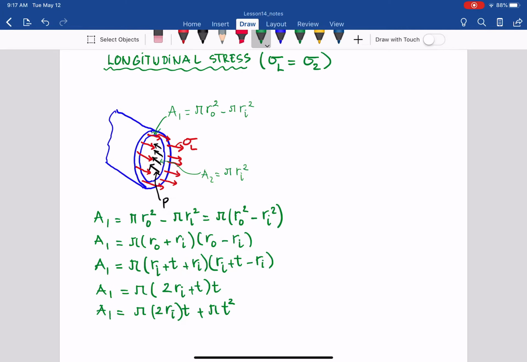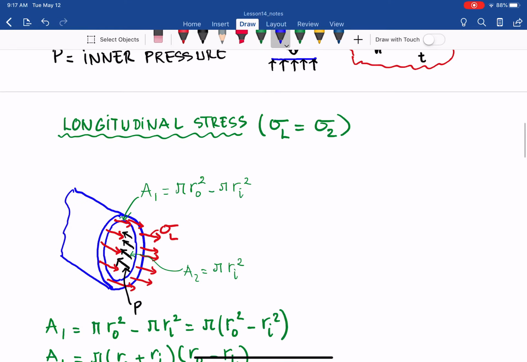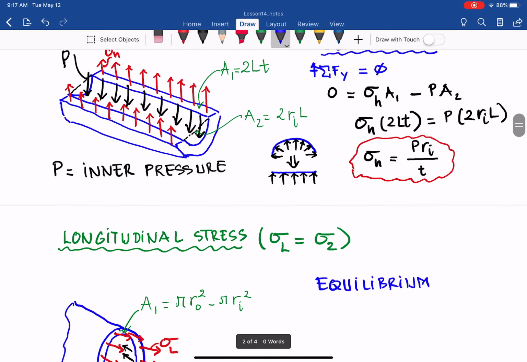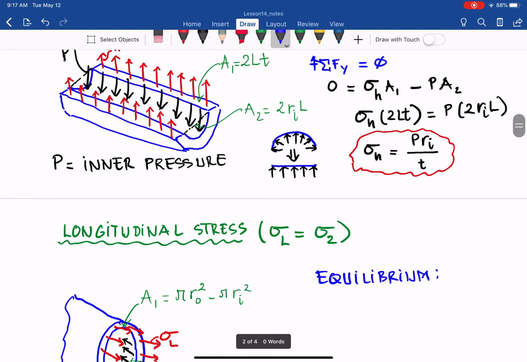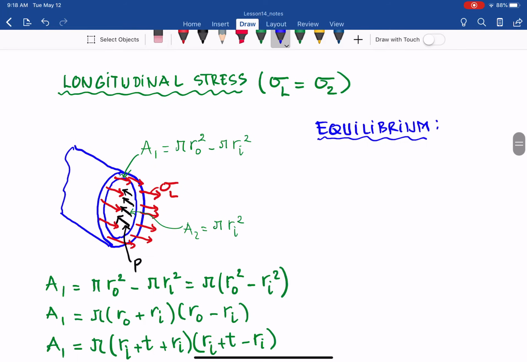Now we can apply the equilibrium as we did before for the hoop stress. This time we don't do it for the y direction, but along the x direction, the longitudinal axis of the cylinder. So we have the sum of all the forces in the x direction, and equilibrium has to be equal to 0.